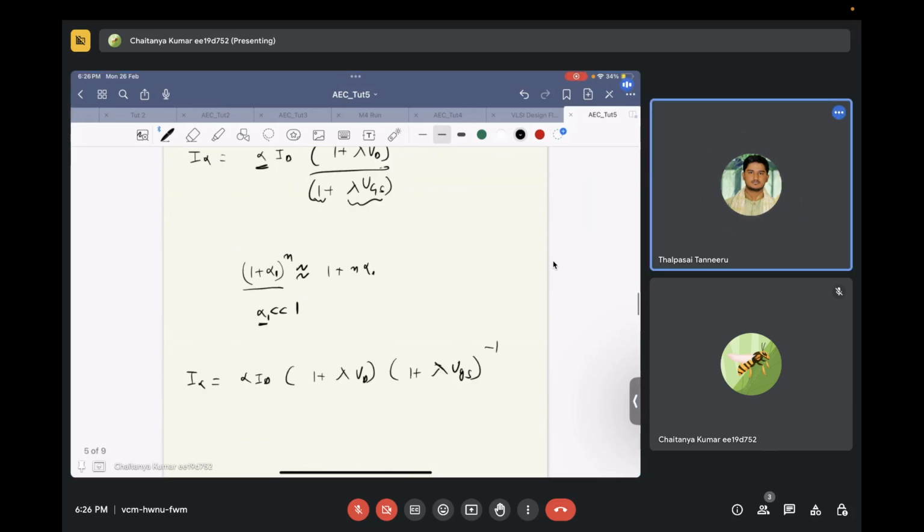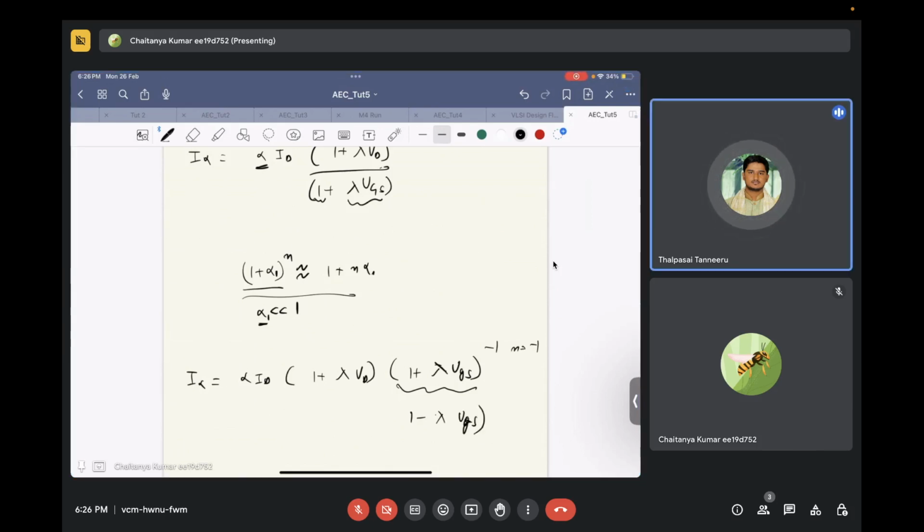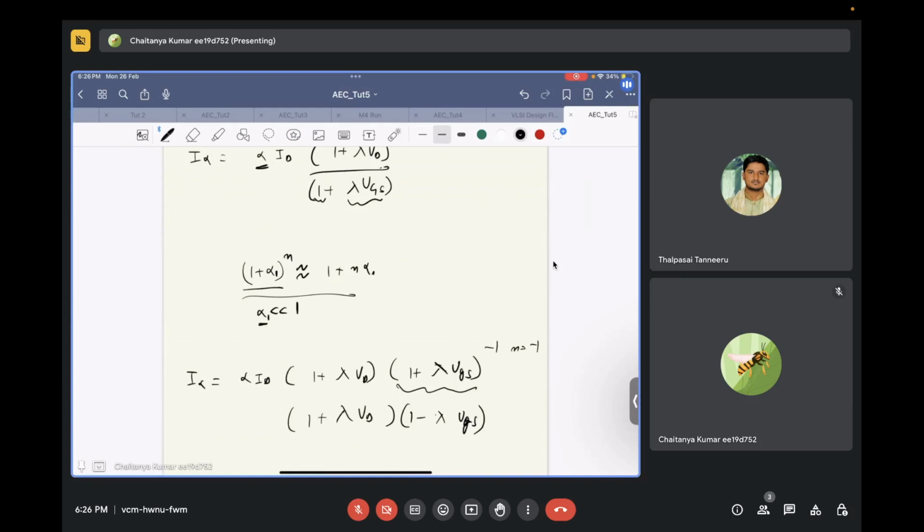Now in this equation, can you apply this, with n equal to minus 1, and write it as 1 minus lambda times VGS, right? Yes, sir. Exactly.